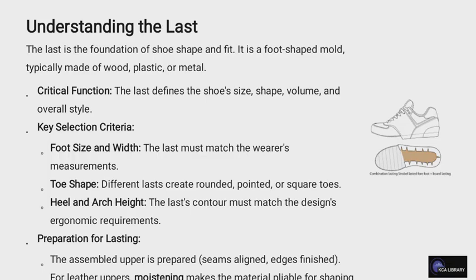Key selection criteria include one, foot size and width, and this deals with the last matching the wearer's measurement. Two, toe shape, where different lasts create rounded, pointed, or square toes. And three, heel and back height. The last contour must match the design's ergonomic requirements.